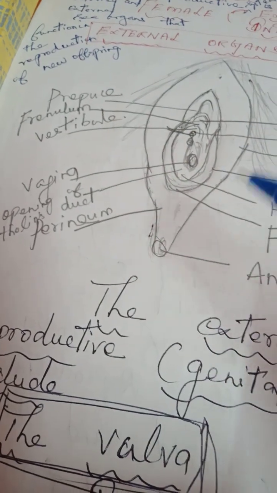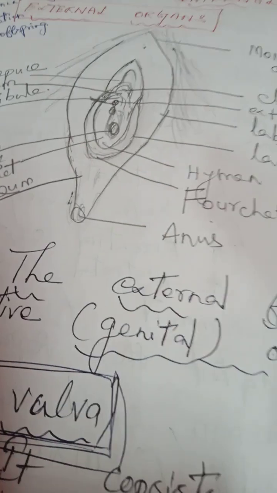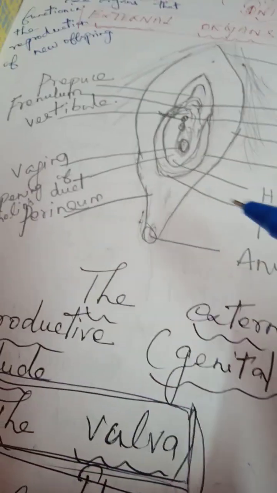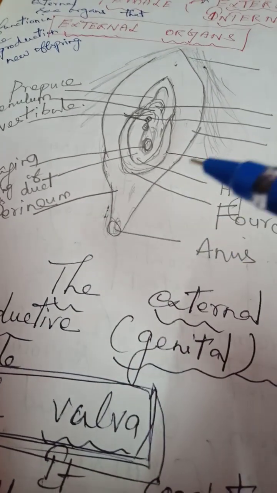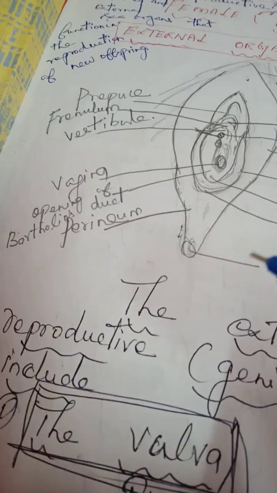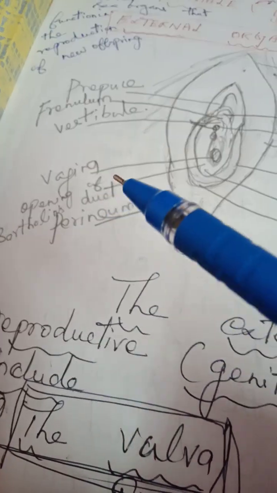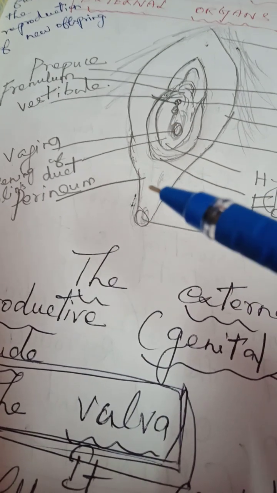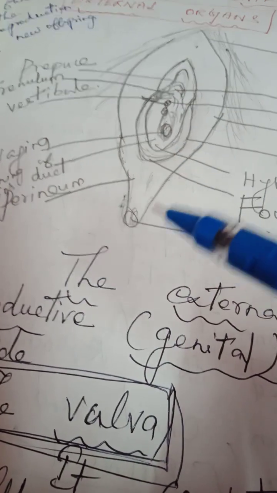This part is called the vestibule. There are the external urethral meatus and the vagina. The vagina is partially closed by the hymen. Then there is Bartholin's duct. This area is called the perineum, present between the vagina and the anus.